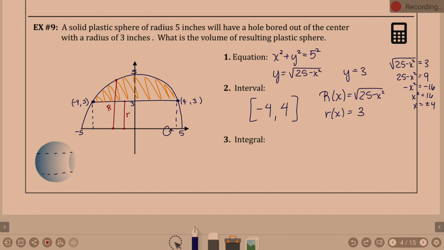V equals pi times the integral from negative 4 to 4, and technically you could always do 2 times 0 to 4 if you wanted, of the square root of 25 minus x squared, squared, minus 3 squared, dx.